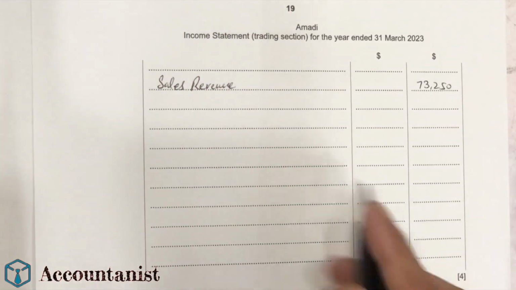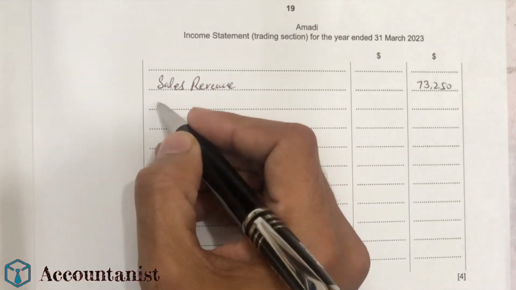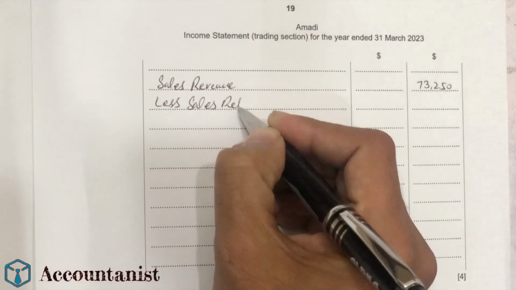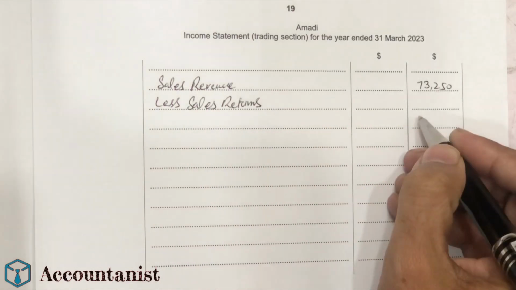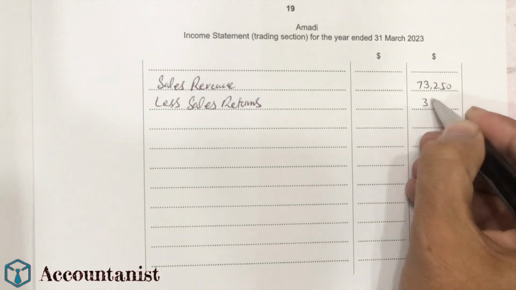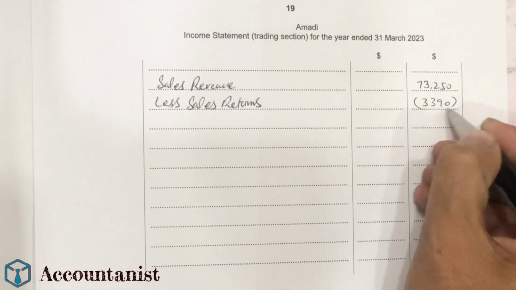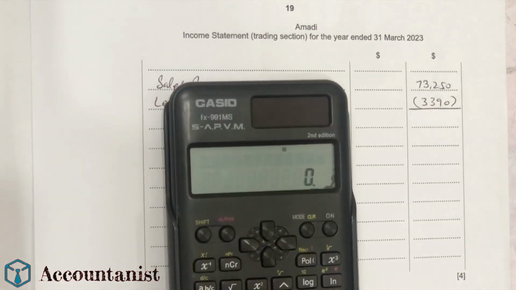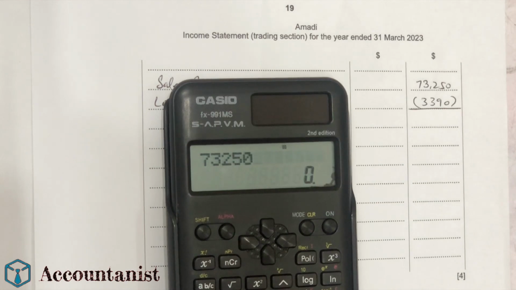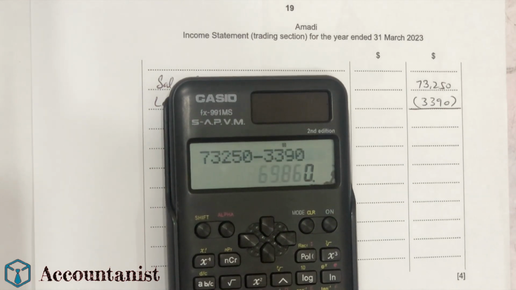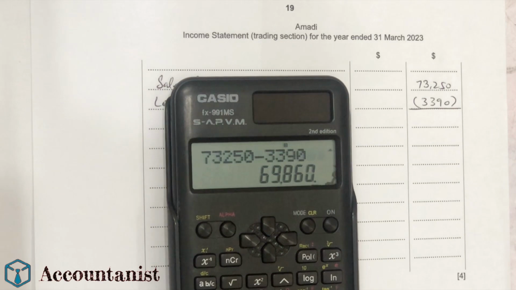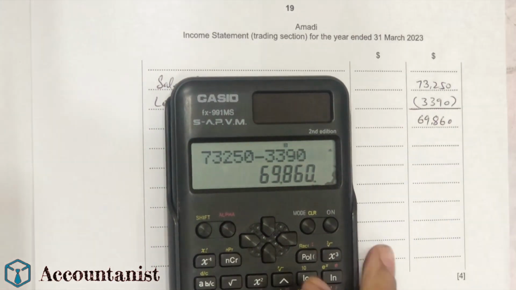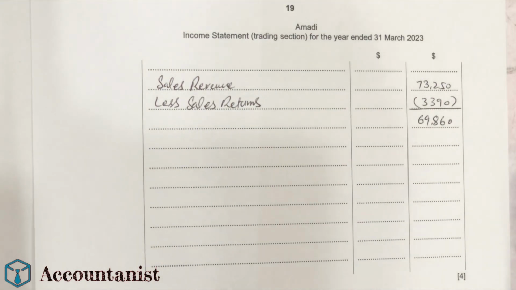We'll write here, less sales returns, and the figure was 3,390. We'll deduct this and we'll get our net sales figure. 73,250 less 3,390 gives 69,860. So 69,860.